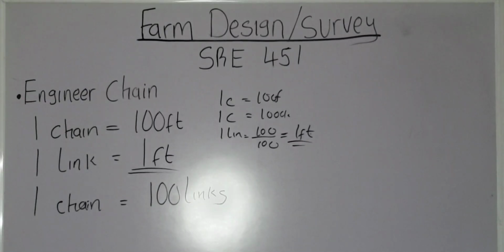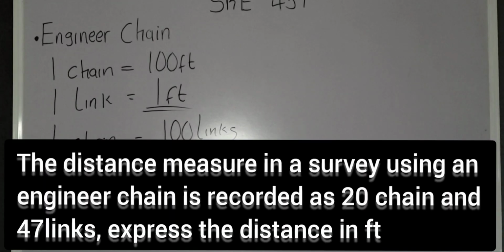Now let's have some worked examples on the engineer chain as well. The distance measured in engineer chain is recorded as 20 chains and 47 links. Express this distance in feet. Okay, let's start by writing out the parameters given in the question.